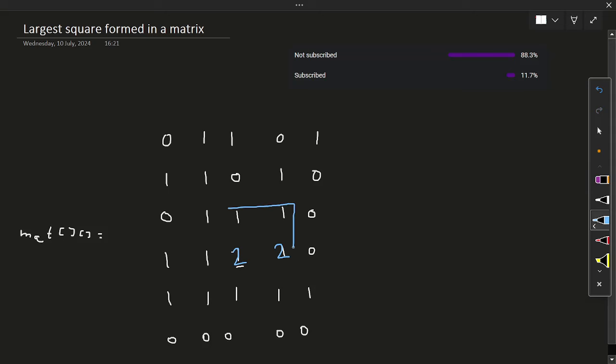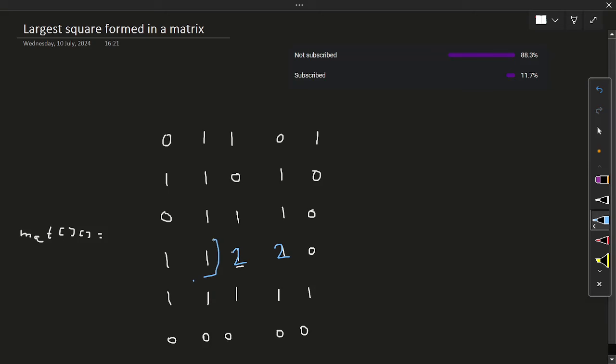So 2 is the maximum square we can make, although the rectangle is 6, but we are not taking the rectangle, we are only taking the square. That's why we have to take the minimum from the neighbor cells. So the next cell is this.